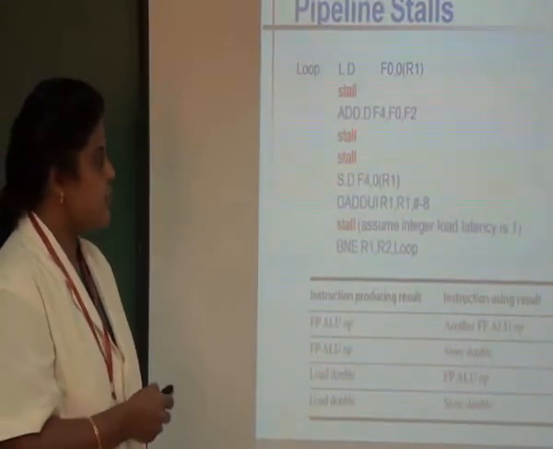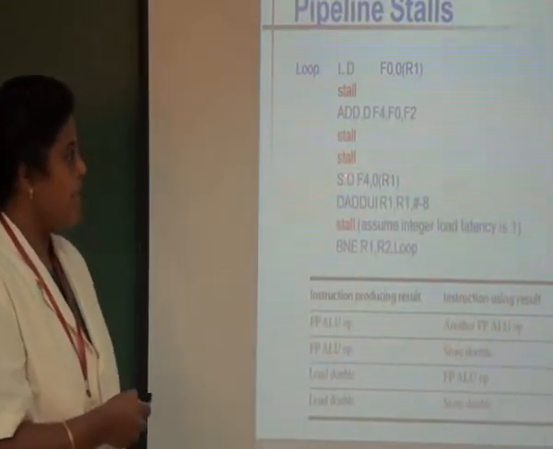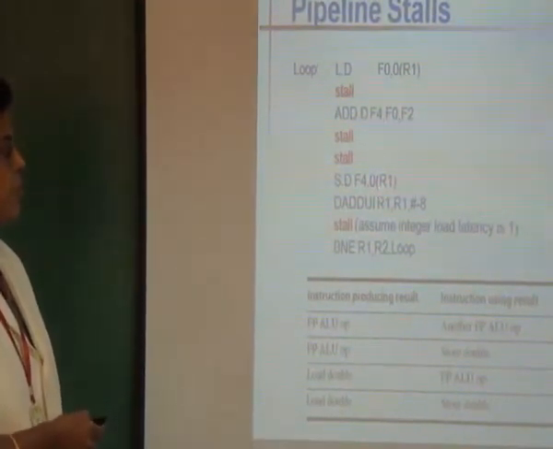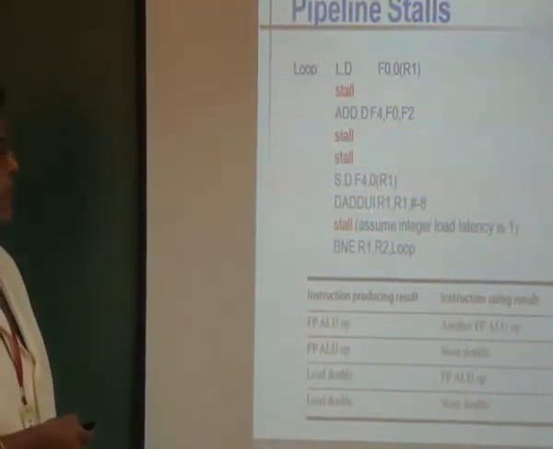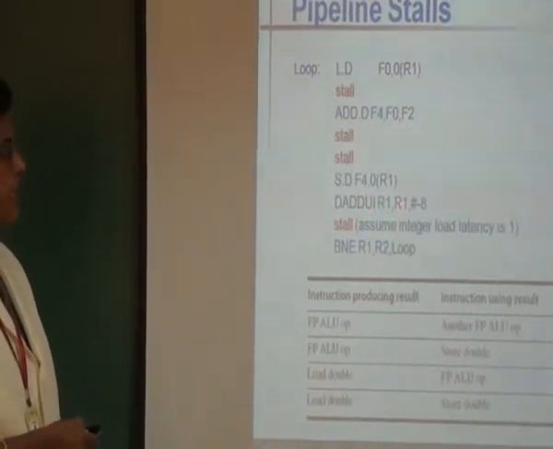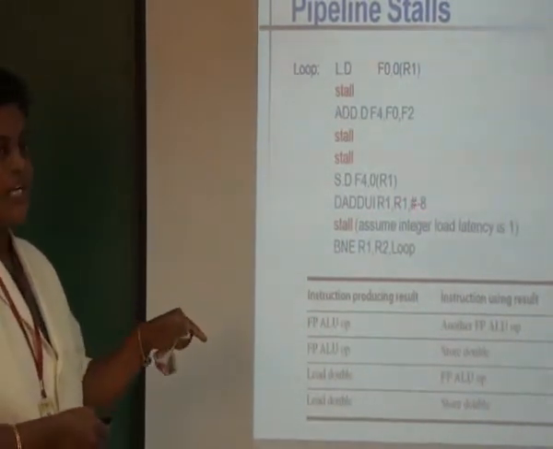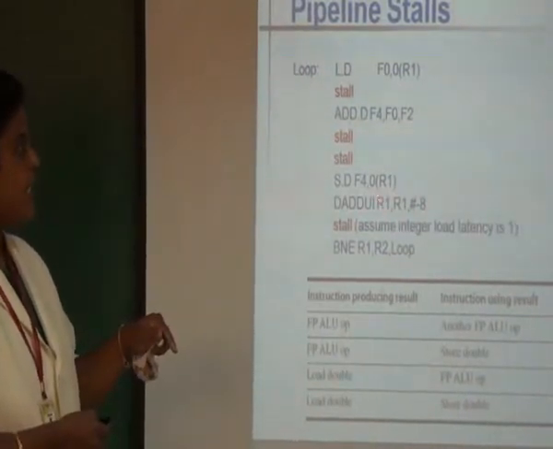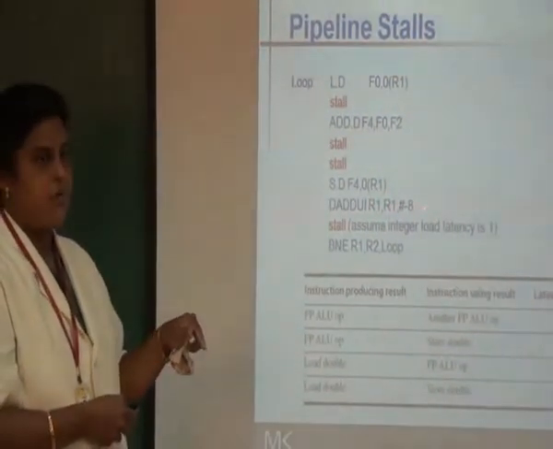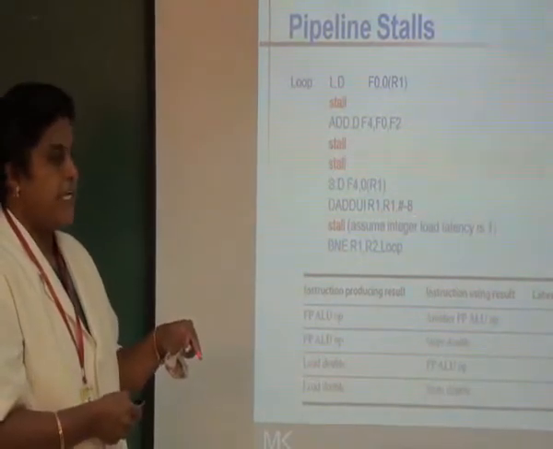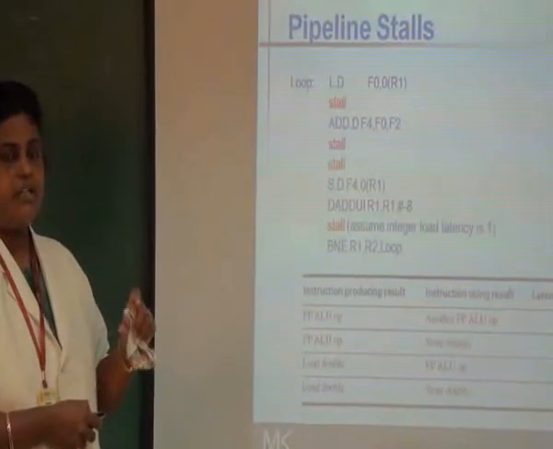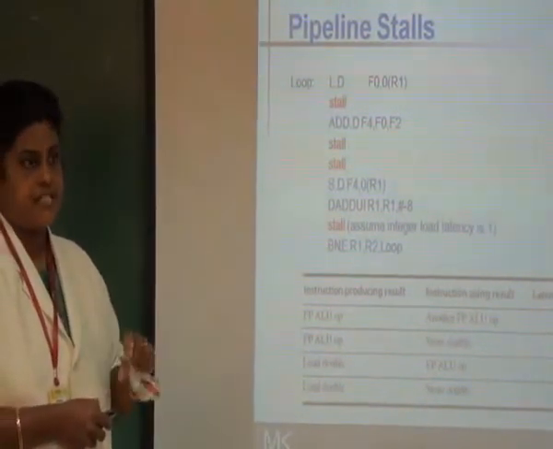This results in 2 different stalls. The result in F4 is stored in memory at R1. Now we want to point to the next memory location which contains the next data, so we are incrementing the value of R1 by a numerical value equal to 8, so that we can fetch the next data.